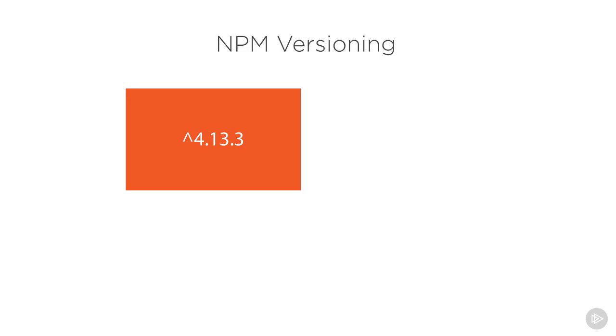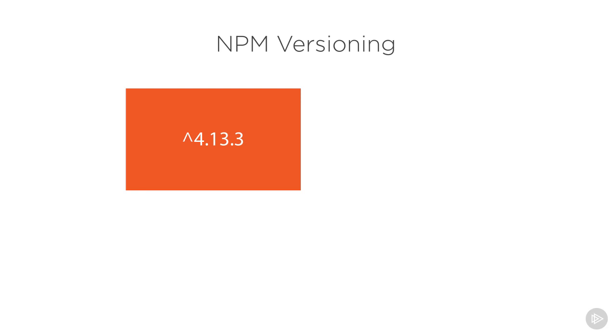All right, so let's talk about NPM versioning for just a second, because you get this little caret that says 4.13.3, and that's weird because you've got a symbol there. But all this caret means is that it's going to automatically update for you as new package versions come out. So here I'm saying 4.13.3.